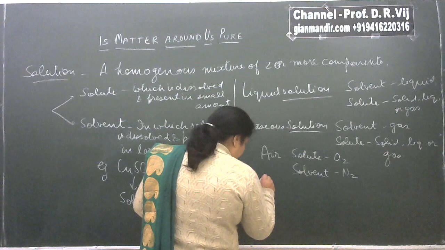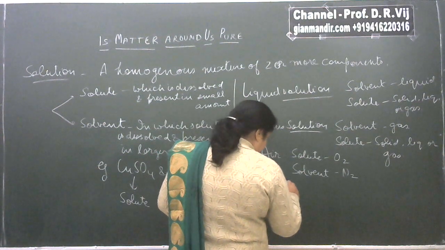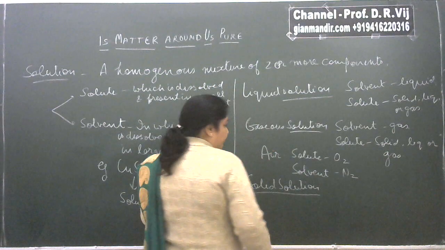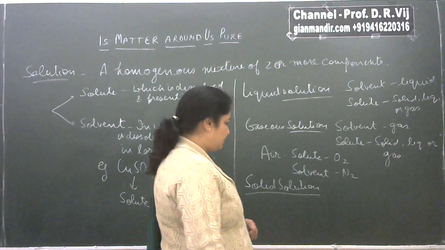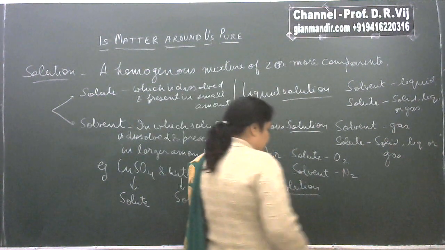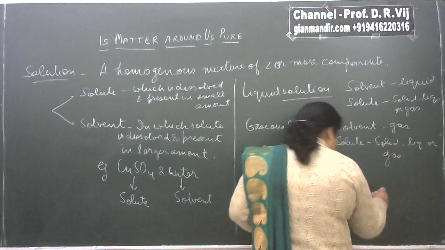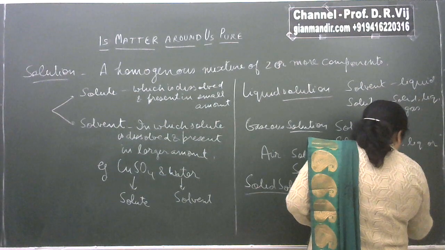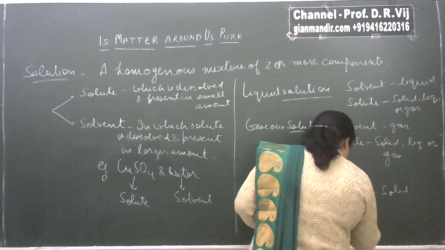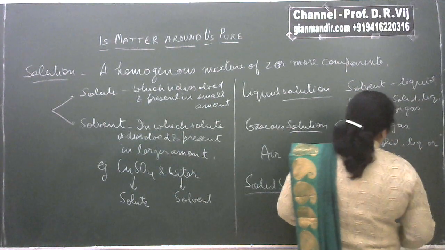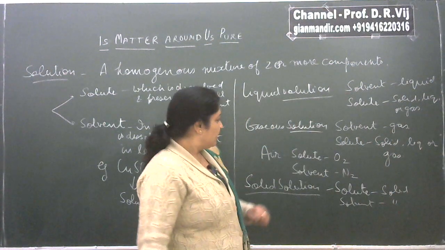Similarly, you can also take the example of solid solutions. When we talk about solid solutions, the solute is a solid as well as the solvent is also a solid, right?